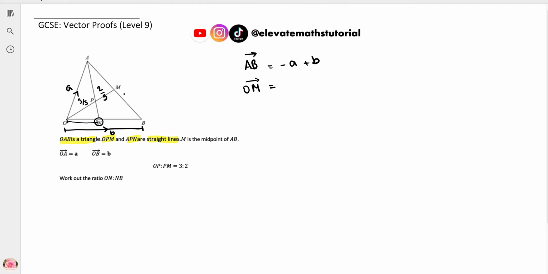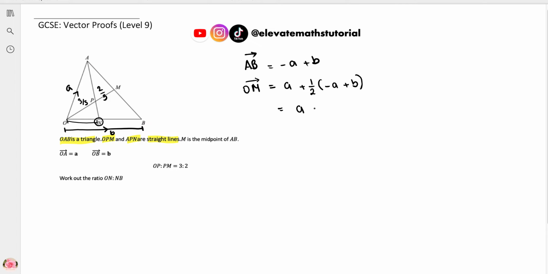Okay, the vectors that you need to find in order to get to the answer, it comes with a bit of practice. So O to A is A, and then A to M is going to be plus a half of minus A plus B. Okay, so O to A is A, and then A to B is minus A plus B, so it's a half of that.